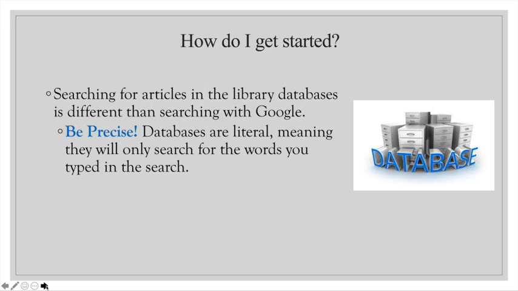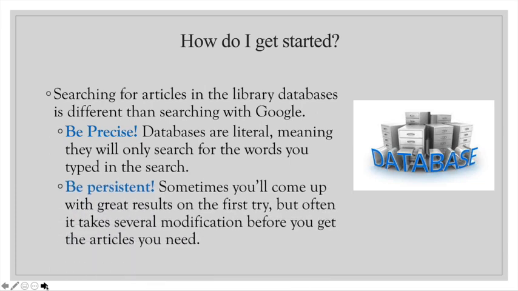And this is why we start thinking about key terms for our searches. Be persistent. Sometimes when you begin to search, you'll come up with great results on the first try, but often it takes several modifications before you get the articles you need. So be patient with yourself and be patient with the searches.